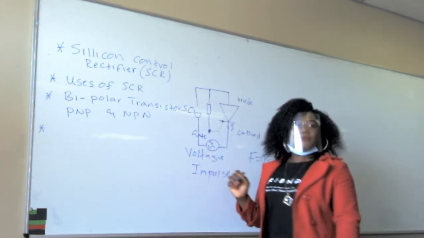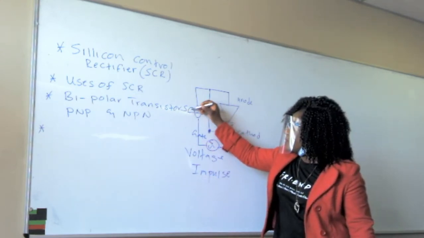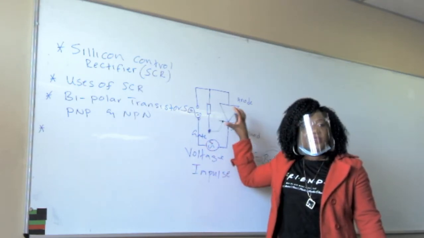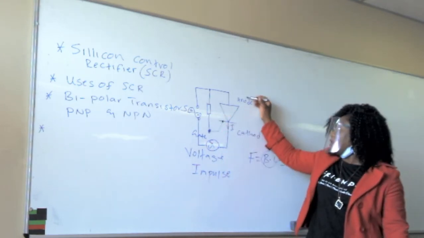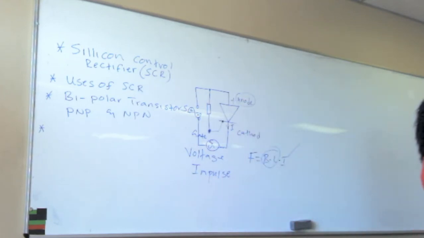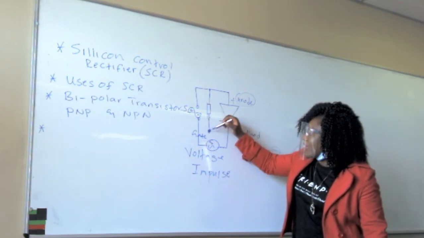Can you see it? It's telling us that this is the positive terminal. The negative terminal is the bottom wire. When you are wiring this, make sure that the anode, which is the positive side of the SCR, is connected directly to the positive side of the power supply. We do have another current coming here with voltage to the impulse.